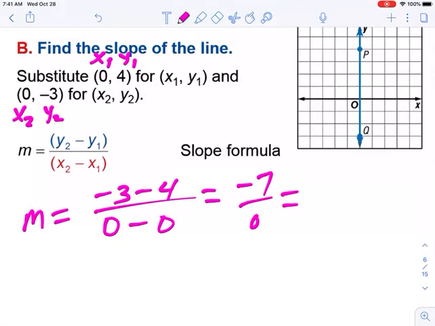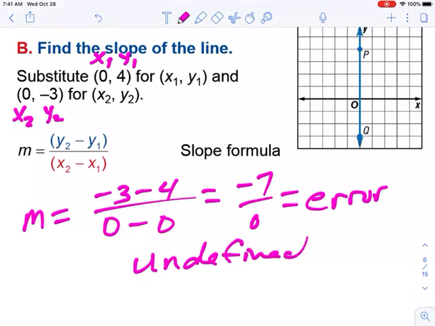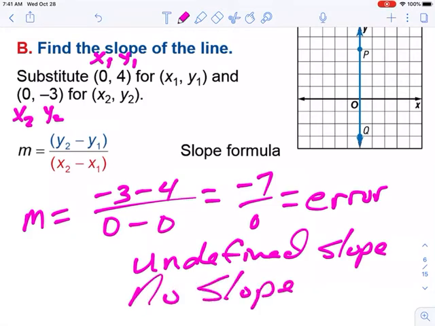When you do this, it probably says error on your calculator. Can't divide by 0. So what we say here is that the slope is undefined. So we have an undefined slope or no slope. Okay, this line doesn't have any slope. It doesn't go to the right at all.